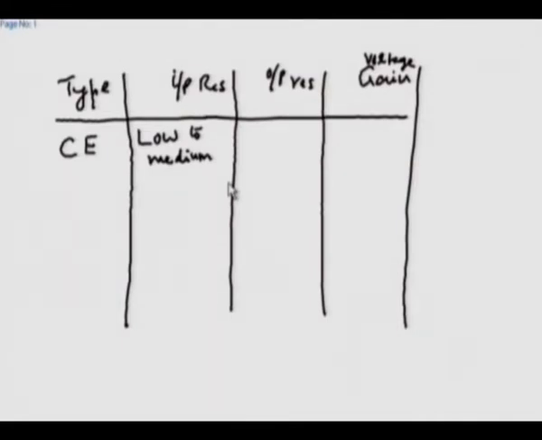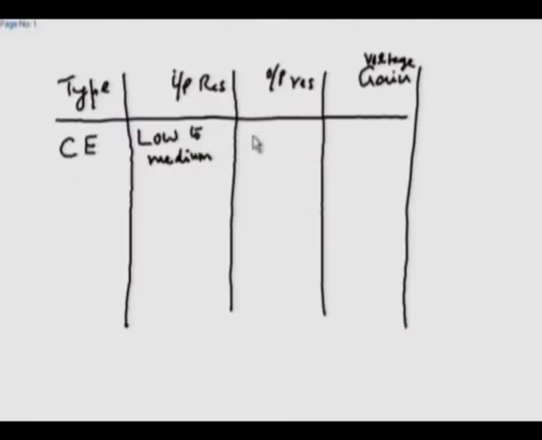Coming to the output resistance of a common emitter amplifier, we saw that it is approximately the collector load resistance, which is definitely in the order of kilo ohms. So let us say it is high. Now, the voltage gain we know is much greater than unity. Typically we talk about a common emitter amplifier having a gain of let us say 100 or so.